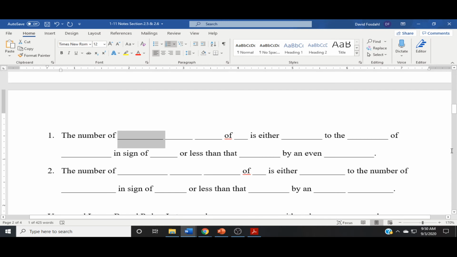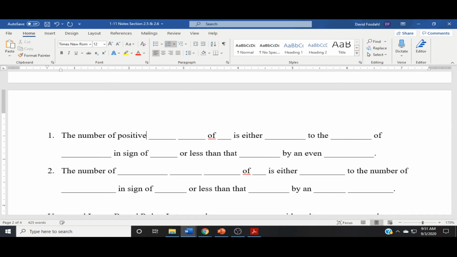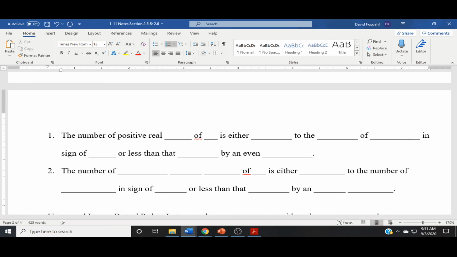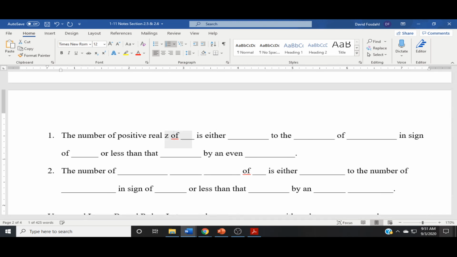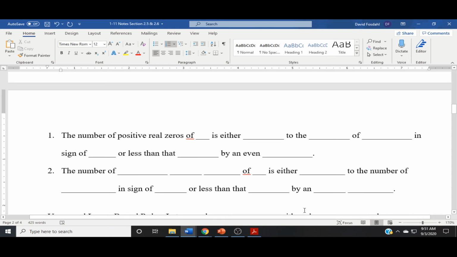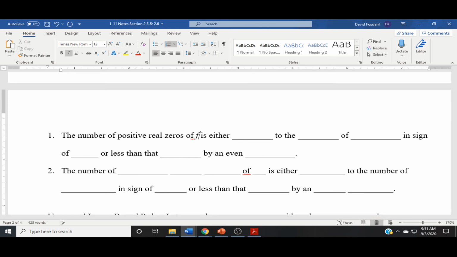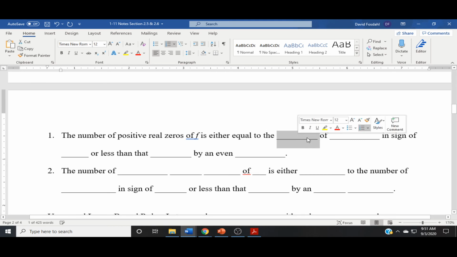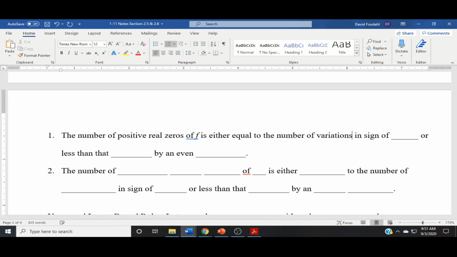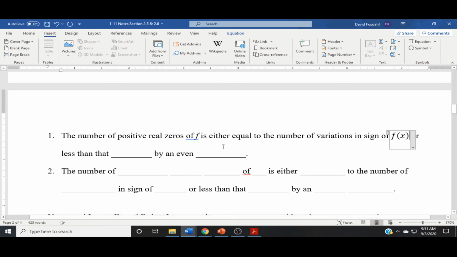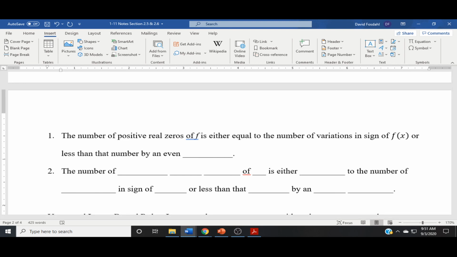the number of positive real zeros of f is either equal to the number of variations in sign of f of x, or less than that number by an even integer. Okay?